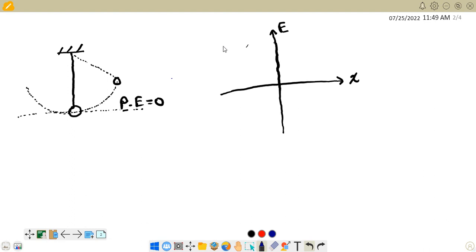Potential energy is maximum at the amplitude and it's zero at the center of motion. It is a smooth curve, but mine is not a smooth curve. You should draw a smooth curve. This graph denotes the potential energy.